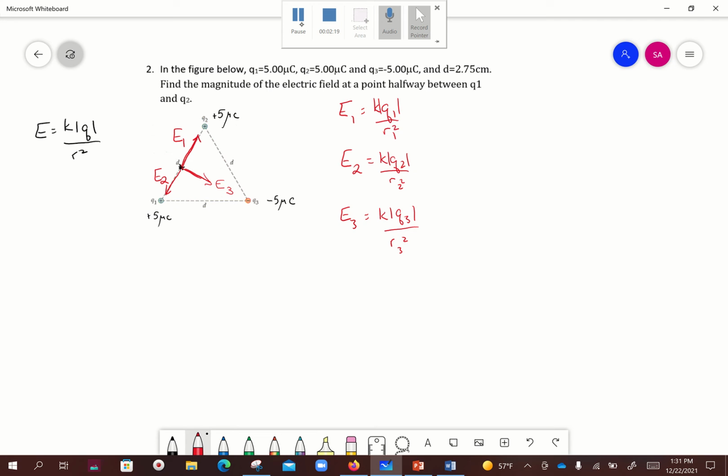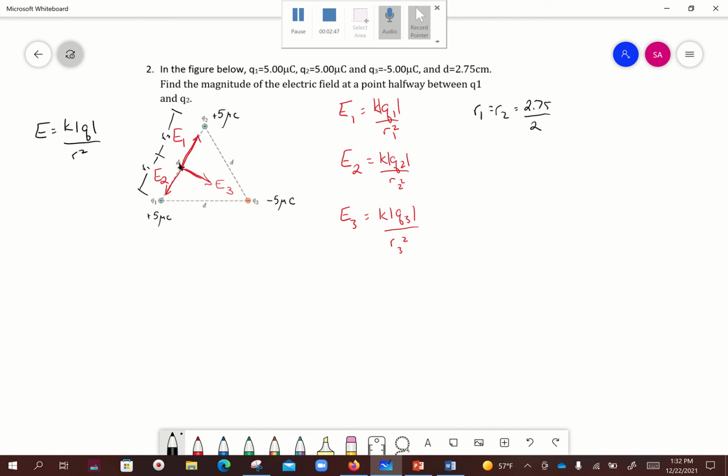R1 is the distance from my black X to charge 1. R2 is the distance from the black X to charge 2. So R1 and R2 are each going to be half of the side, so R1 equals R2, which is half of 2.75 centimeters.